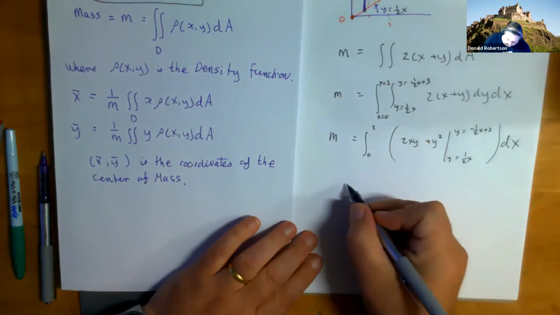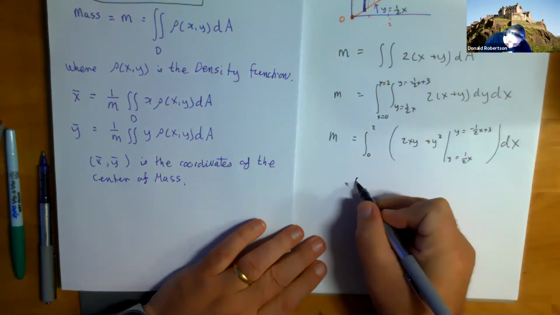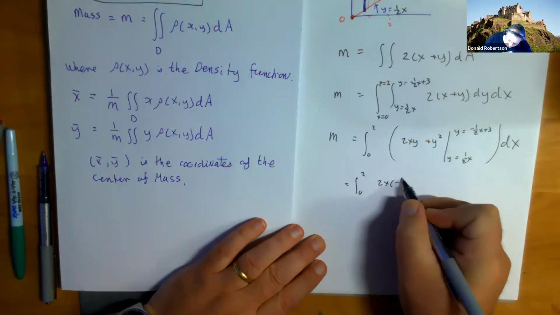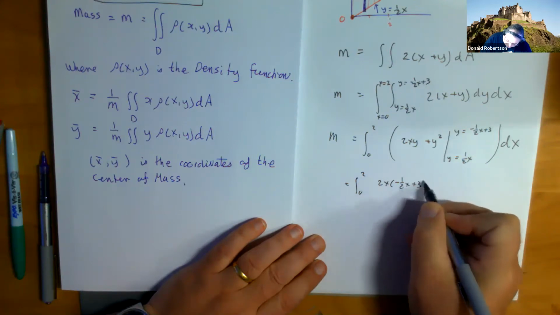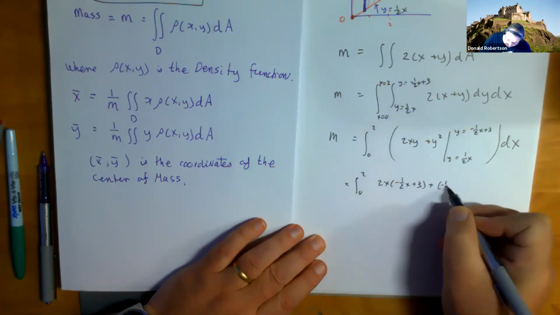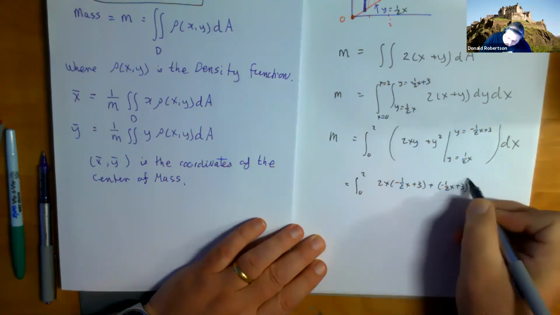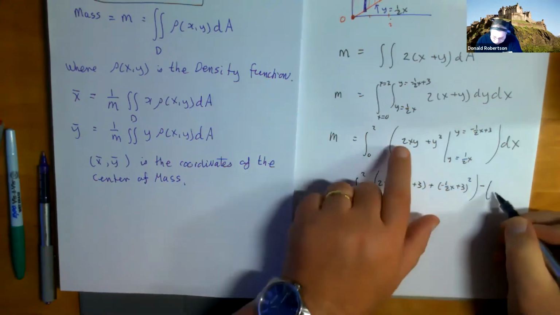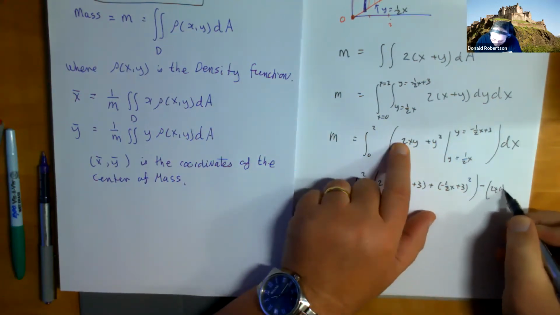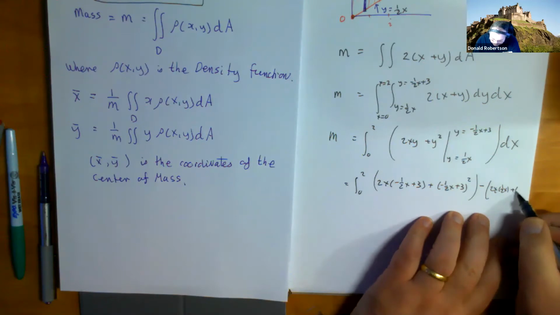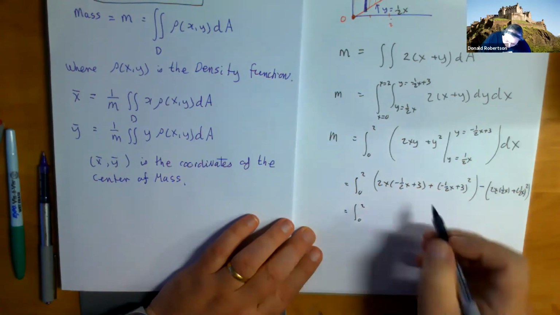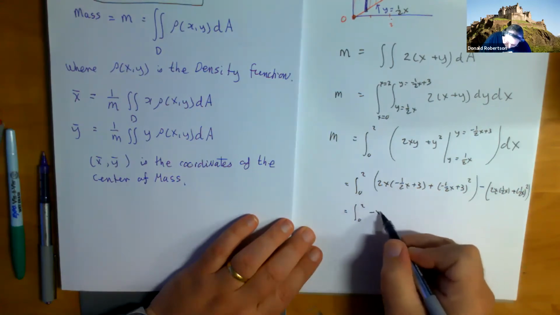Continuing that process then. It's 2x, -1/2 x, add 3, plus -1/2 x plus 3 squared. Subtract 2x, 1/2 x plus 1/2 x all squared. That times that gets me, it looks like -x squared.